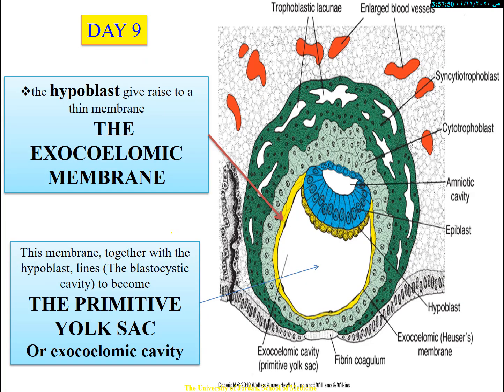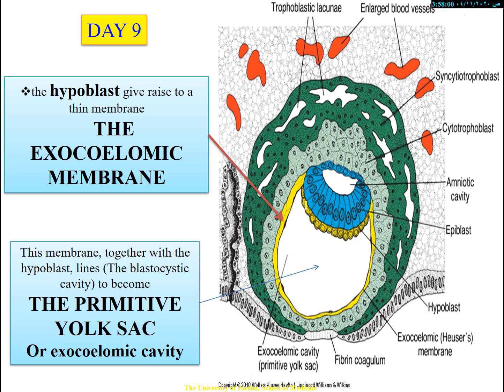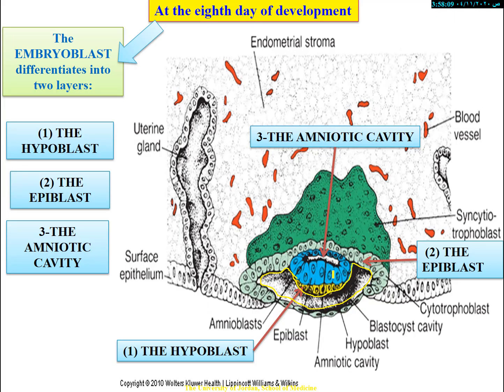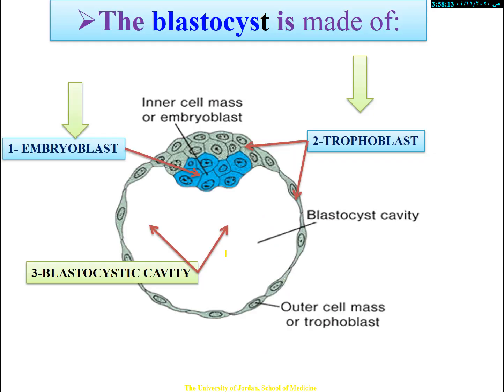Now this membrane did not reach the embryoblast here, but it did line this blastocystic cavity. What was the name of this structure here? It was the blastocystic cavity, as you can see here.